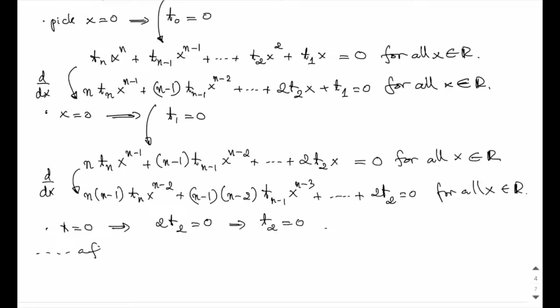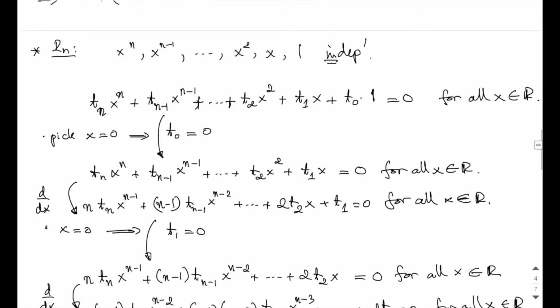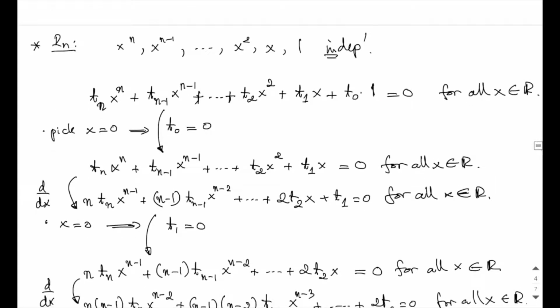Now, after n steps, we just need to iterate this process for n steps because the degree is n. You are going to get all the t's have to be 0. And this implies the fact that the only solution for the dependency equation is the trivial solution, 0, 0, 0, all the way.